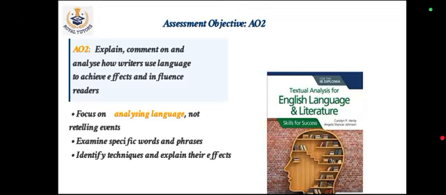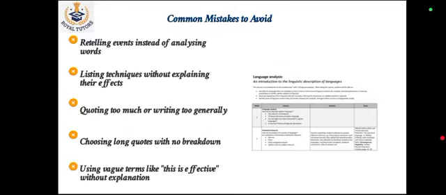Examine specific words or phrases, identify techniques and explain their effect. Common mistakes to avoid are retelling events instead of analyzing words, listing techniques without explaining their effect, quoting too much or writing too generally, choosing long quotes with no breakdown, and using vague terms like "this is effective" without explanation.